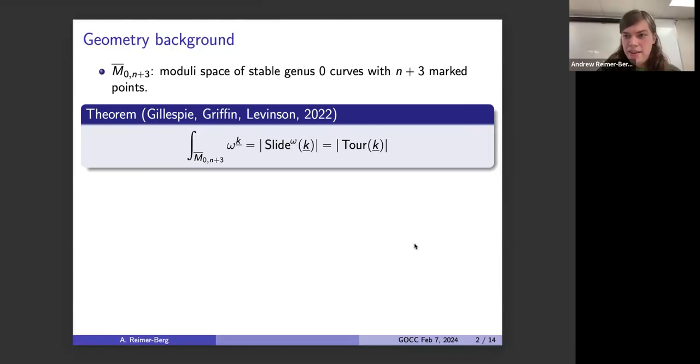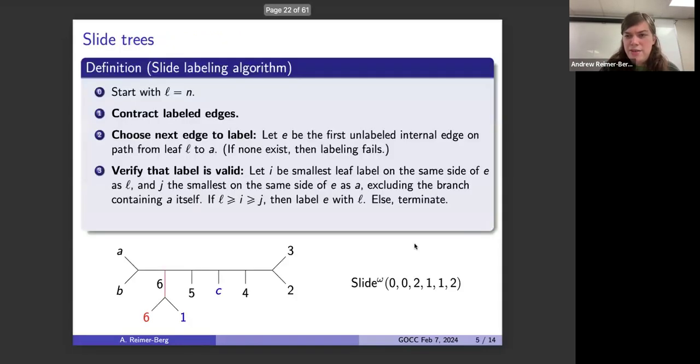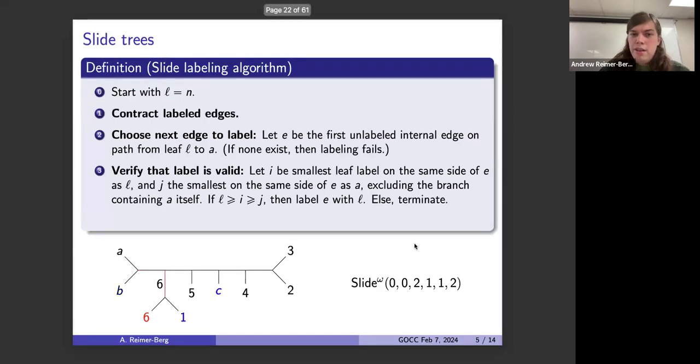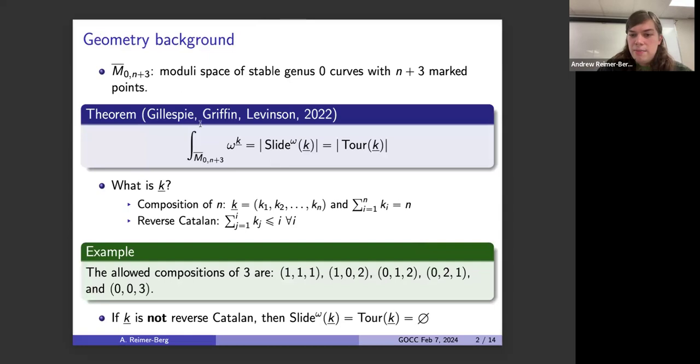I said that this slide algorithm here isn't actually the definition for these. It's just an easier way of checking that a particular tree is in a particular slide set. The actual definition can also be phrased combinatorially, but really originates from the geometry of doing this product formula in the cohomology ring of this geometric space.